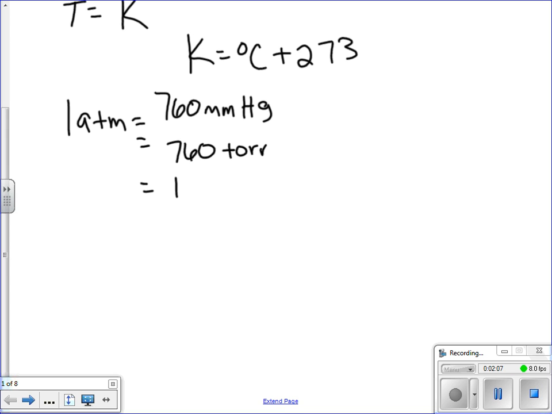It's also equal to 1.01 times 10 to the 5th pascals, or 101.3 kilopascals. So those are the different units. There's more than this. There's another unit called bar. You won't see it in your book, but that would be something that you could possibly see in college chemistry.